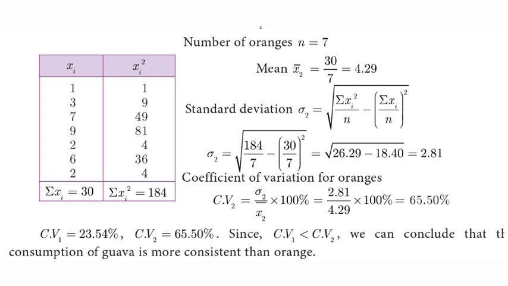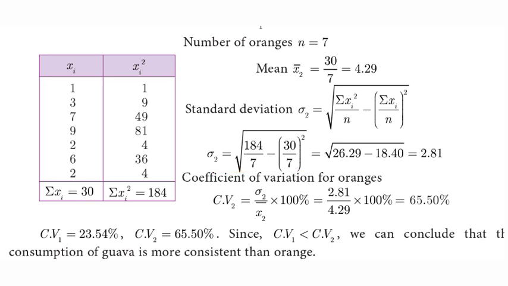Now substitute summation x and summation x square values in the standard deviation. Sigma 2 equals summation xi square, that is 184 divided by n value 7, minus summation x, that is 30 divided by n value 7, the whole square.